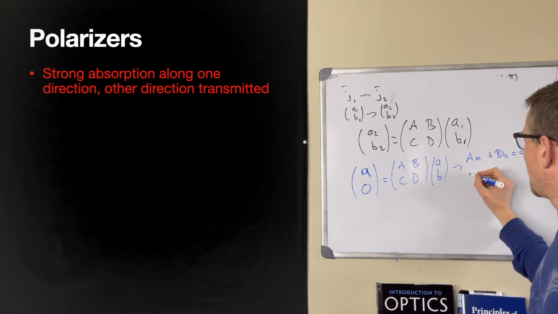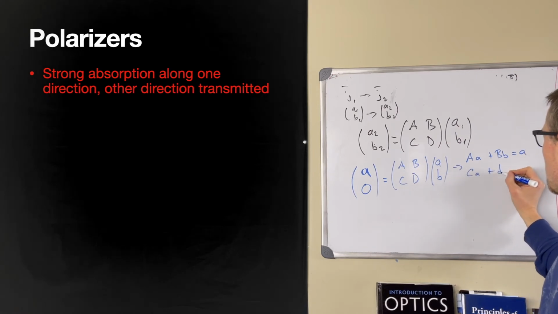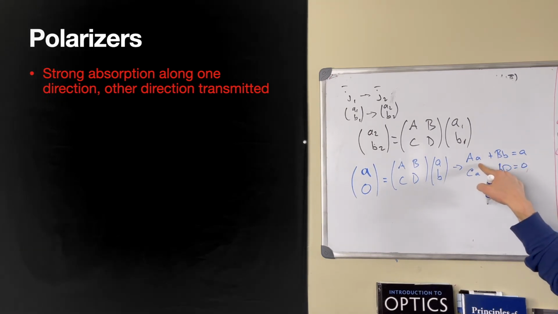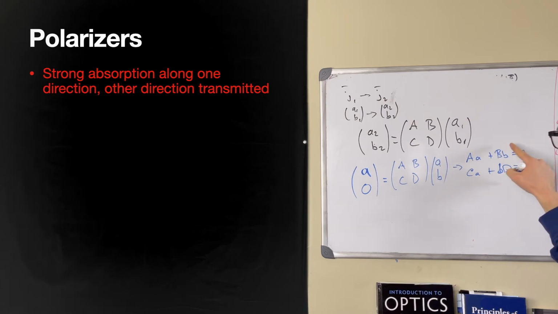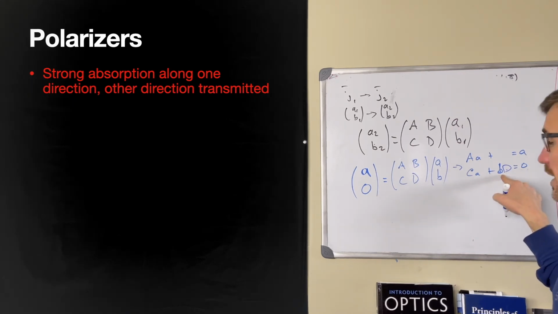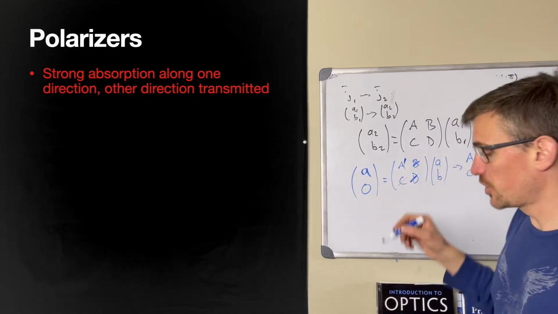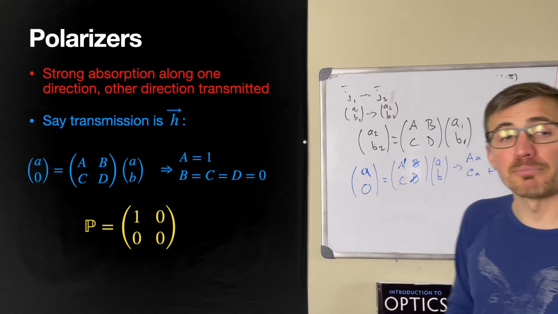And c times A plus d times B should equal 0, no matter what. For any A and any B, we have to get A out, so b certainly has to be 0. And this has to be 0 no matter what we plug in for A or B. So the only way to do that is to set these two equal to 0. Basically, these are all going to be 0, and we should have a 1 there. This gives us our polarizer.